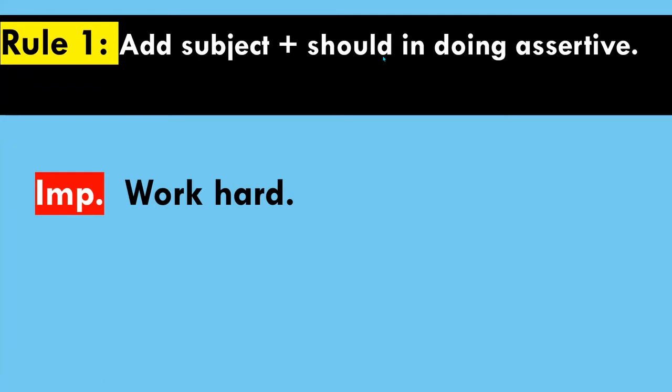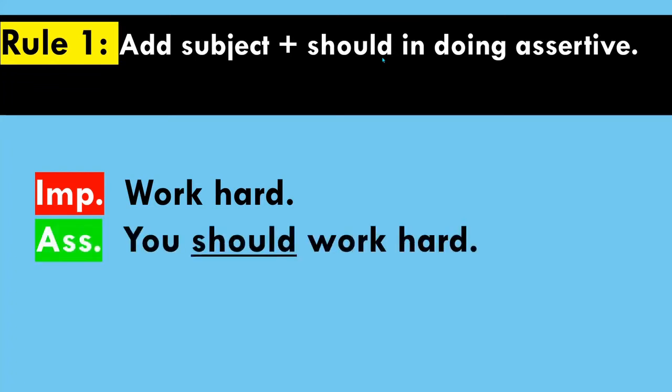Make sure that after should we always use only the v1 form, because it is an auxiliary, and after an auxiliary we always use v1. So "Work hard" in imperative becomes "You should work hard" in assertive. We have added the subject you and the auxiliary verb should, and as it is an auxiliary verb, we are using only v1 after it.